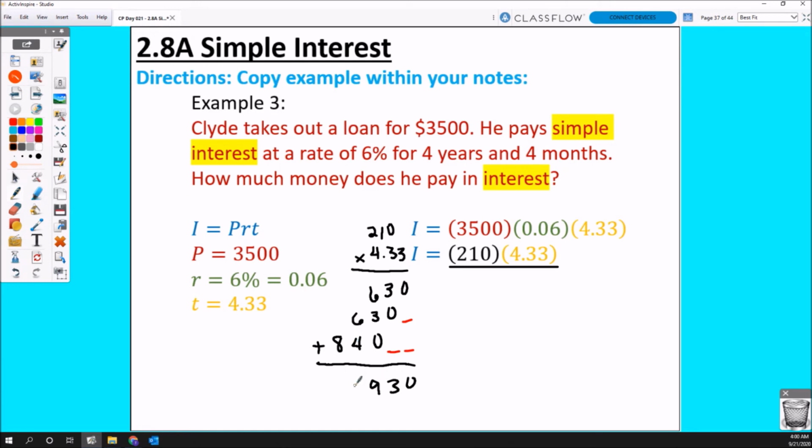So I'm going to write the 0 from the 10 and then carry the 1. 8 plus 1 is 9. All right, now don't forget, we have to take into account the decimal places since we're multiplying. So here in the first number, 210, there are no decimal places because the point is at the very end. But in our second number, we actually have 2 decimal places.